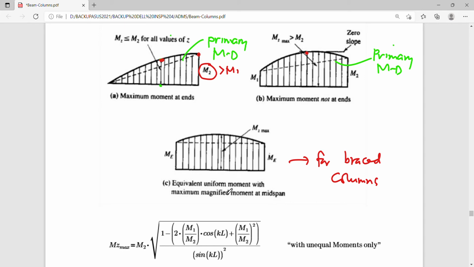So the equivalent uniform moment with maximum magnified moment of the midspan value shall now be used to capture the value of Cm upon which your moment magnification factor B1 will be computed.